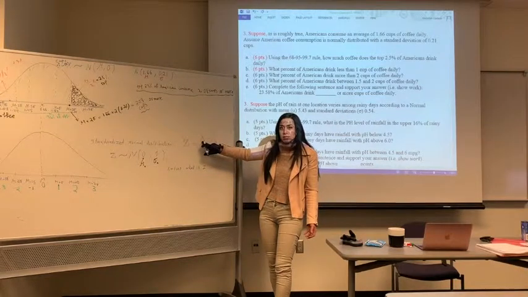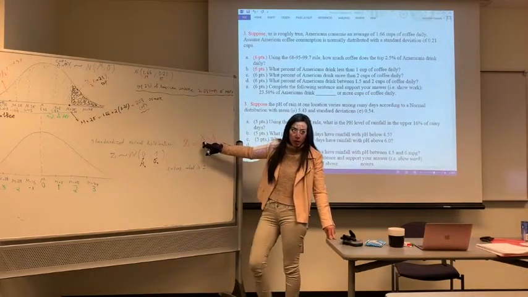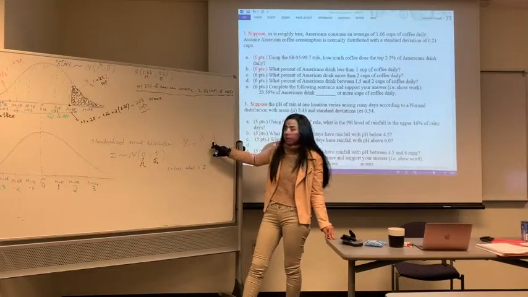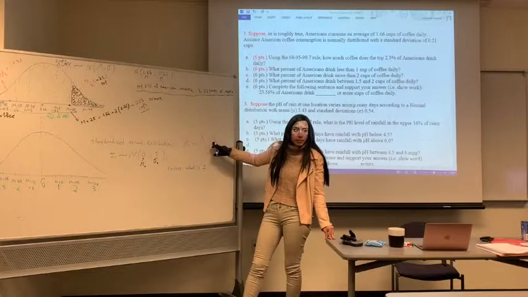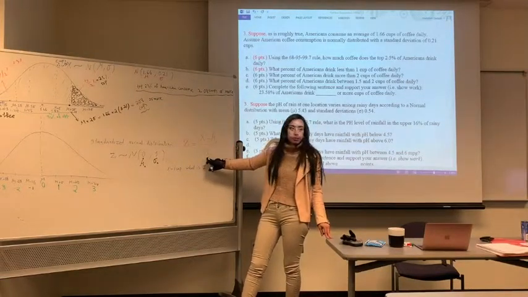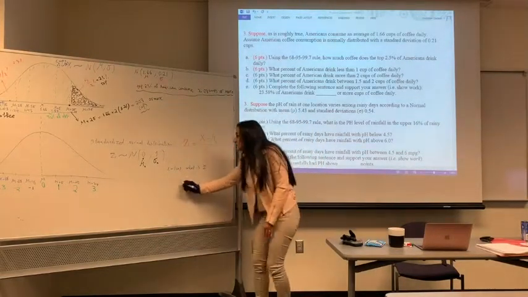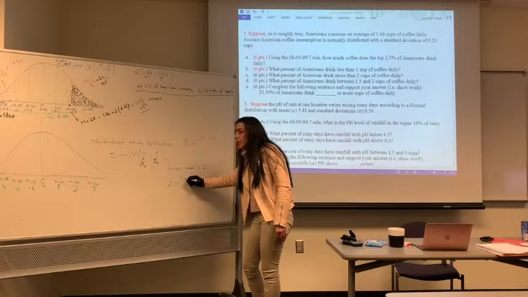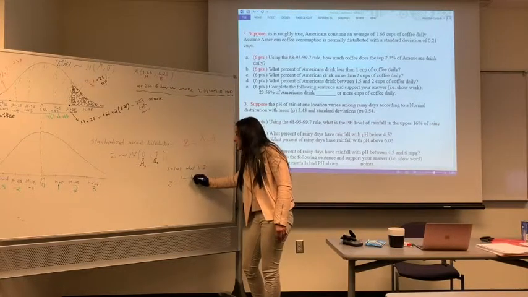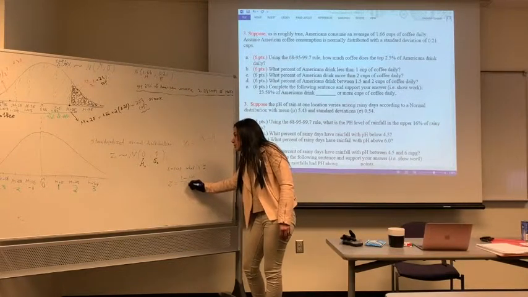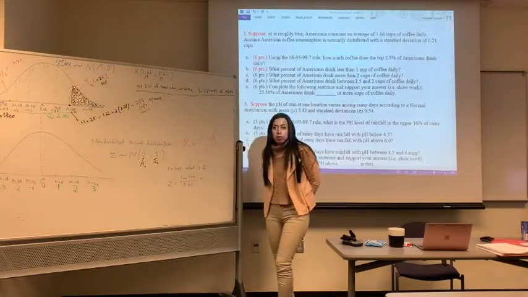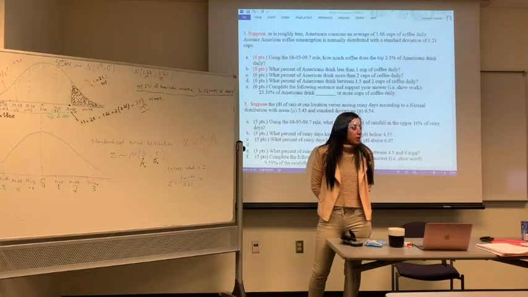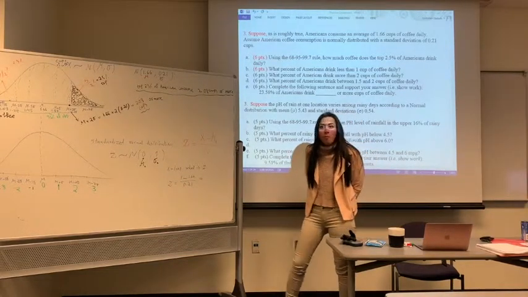Replace this with 1. And then what will you write here? 1.66, and the standard deviation will be 0.21, right? So Z is equal to 1 cup of coffee minus 1.66 divided by 0.21.